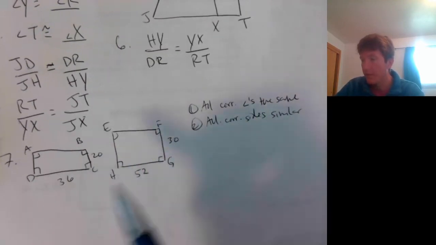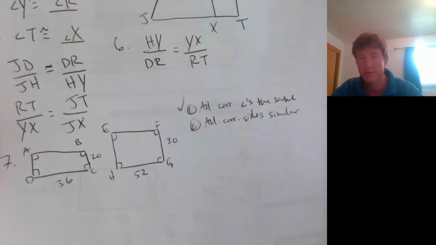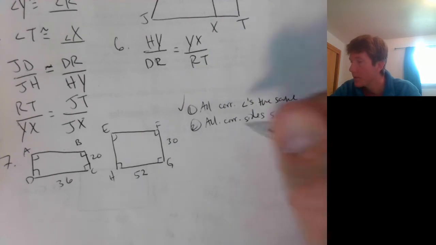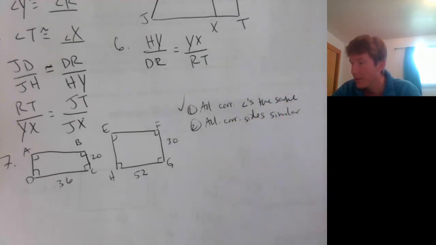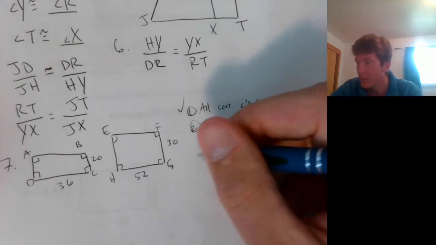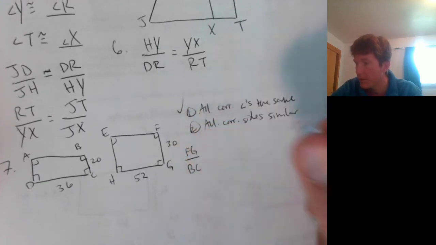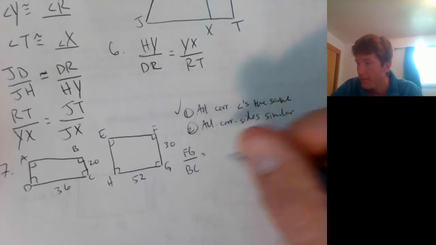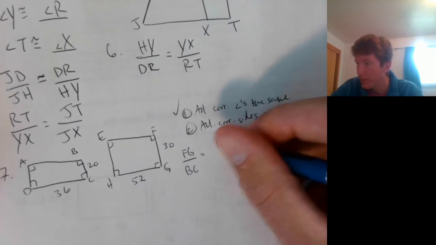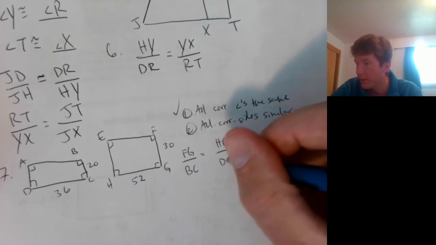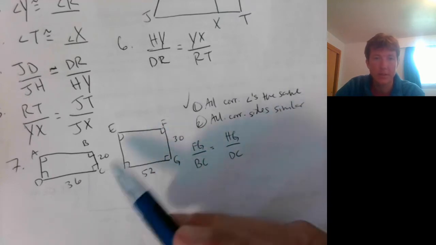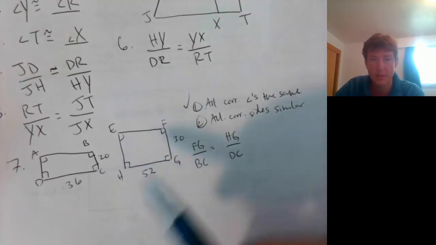So these all are right angles, so we knock out qualification 1, all corresponding angles are the same. Number 2, all corresponding sides are similar. So if I put FG over BC, that must equal HG over DC.